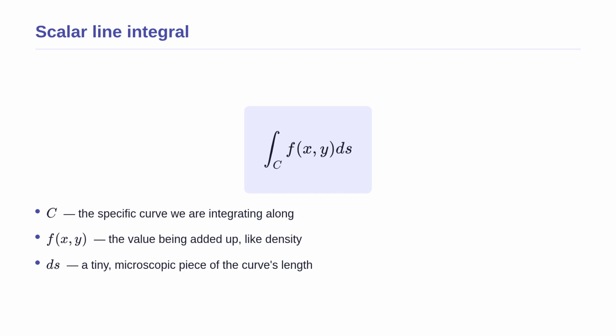The function f of x and y represents the value we are adding up, such as the density of a wire in kilograms per meter. Finally, the symbol ds represents that tiny, microscopic piece of the curve's length. If the density increases, the total mass increases. If the curve is longer, we have more tiny lengths to add up.